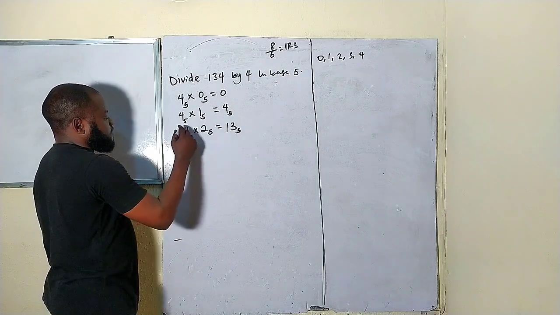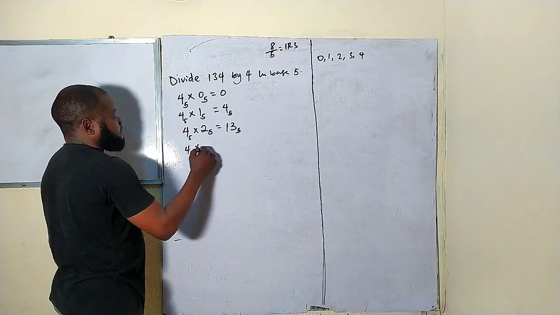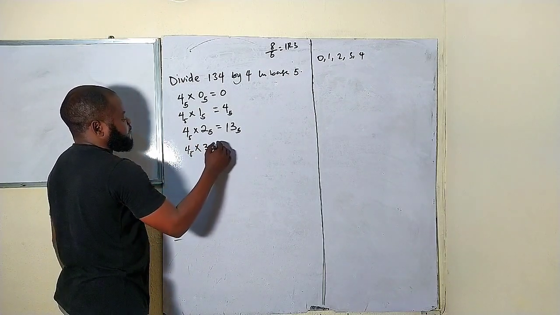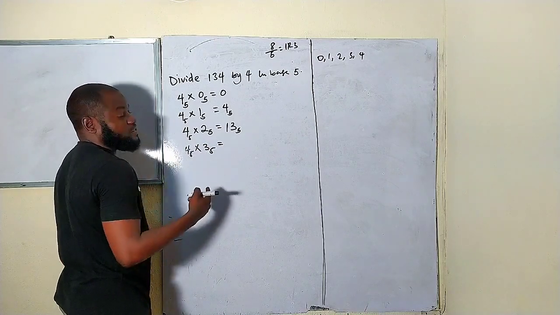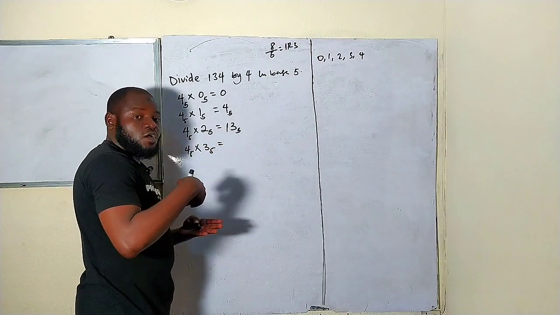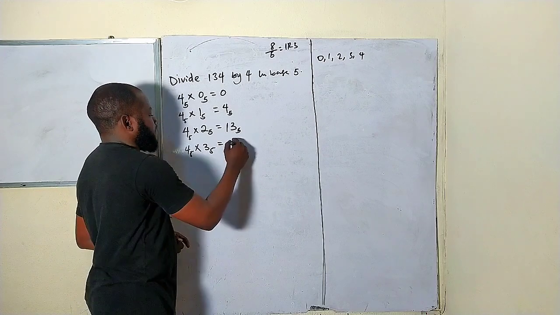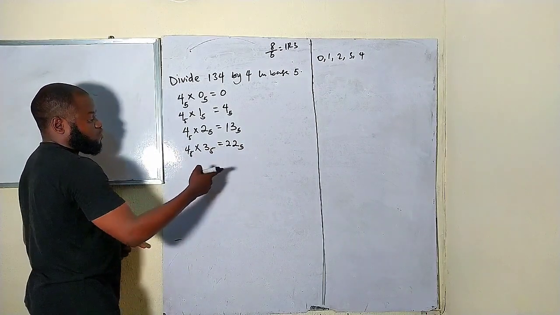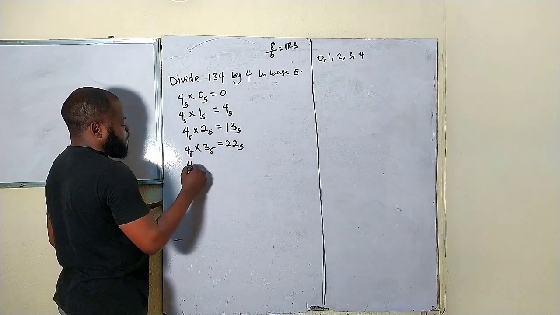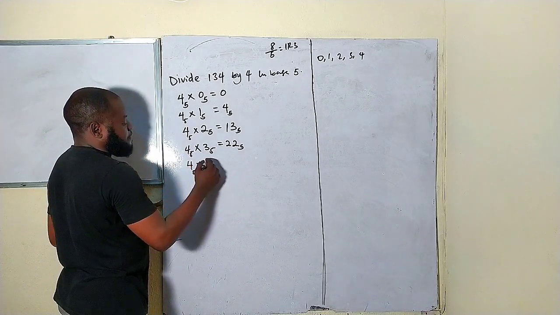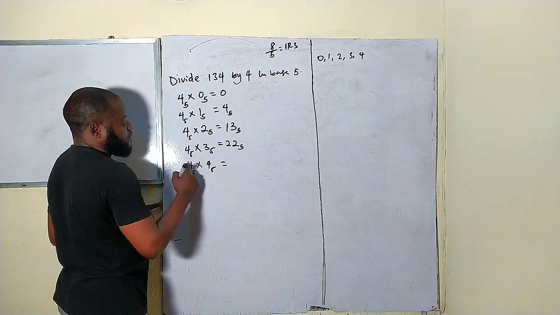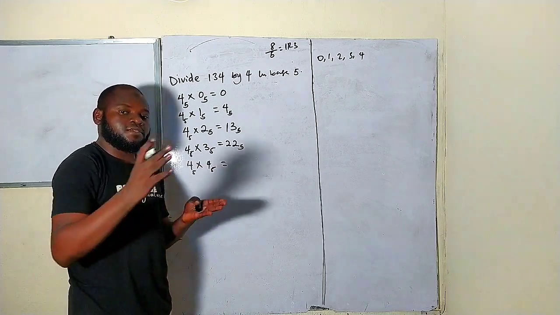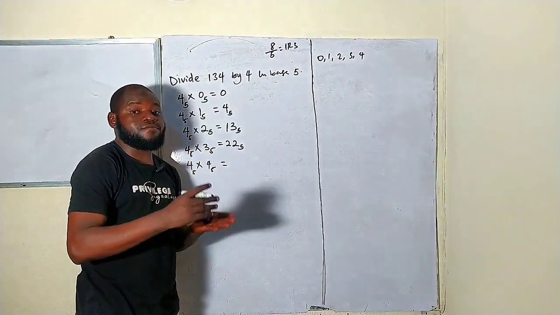So the next thing to do is to say 4 in base 5 times the next digit, which is 3 in base 5. So 4 times 3 is going to give us 12. 5 in 12 will give us 2 remainder 2. So you write down 2 and take the remaining 2 in base 5. So that will be 2 in base 5. Then we have 4 in base 5 multiplied by 4 in base 5. 4 times 4 is 16. 16 divided by 5 is going to be 3 remainder 1.